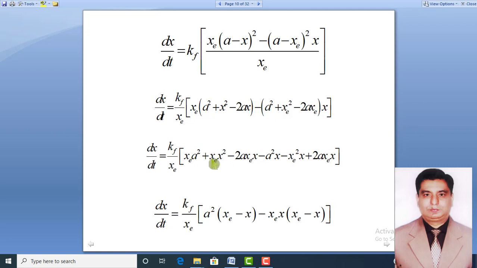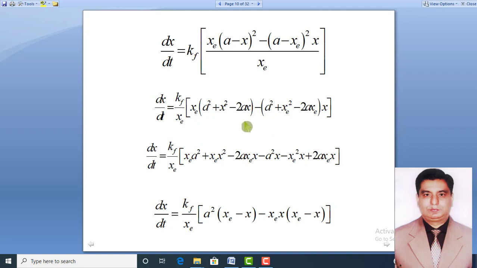In the next equation, we have multiplied this small bracket values with Xe and this small bracket values with X. When we multiplied Xe with the bracket terms, this came to Xe into A² plus Xe into X² minus 2AXe into X, minus A²X minus Xe²X plus 2AXeX.